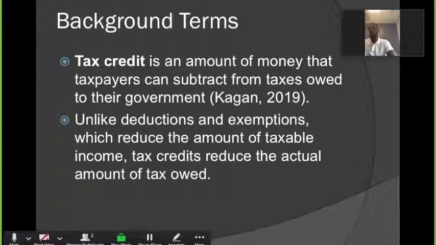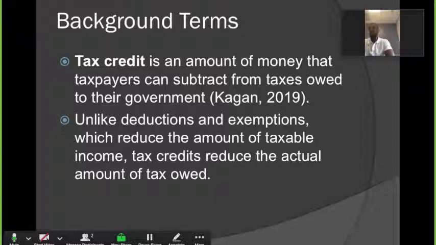So there's three background terms that I think are important to know to give a bit of context for the research. The first term to know is tax credit. Some of you might be familiar with tax credits, which sometimes are very useful around tax season, which is April 15th for U.S. residents.